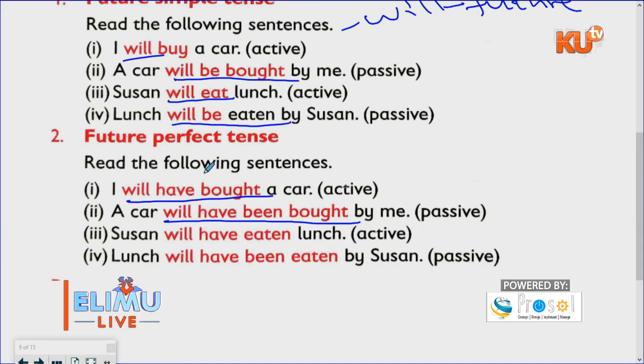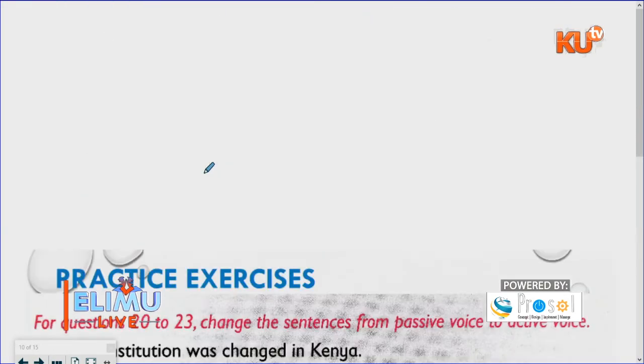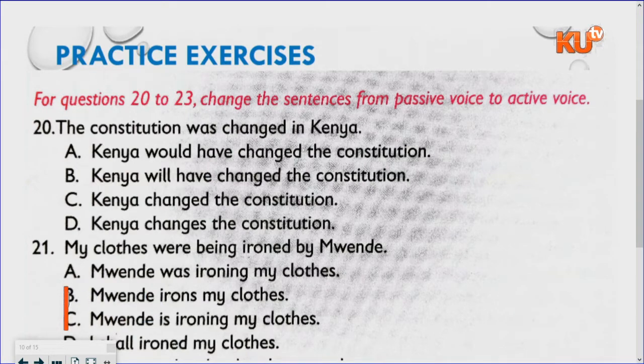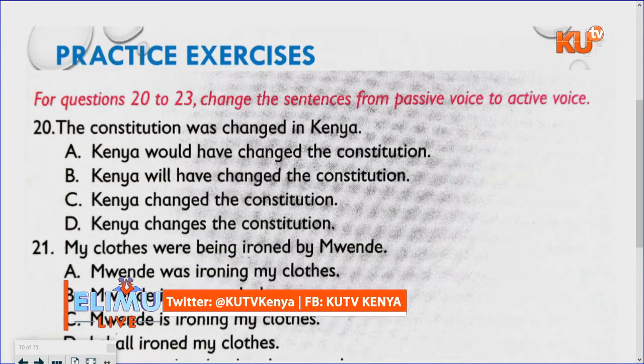My next part is practice exercises. Now that we have learned these, we need to do some more practice. For questions 20 to 23, change the sentences from passive voice to active voice. The Constitution was changed in Kenya.